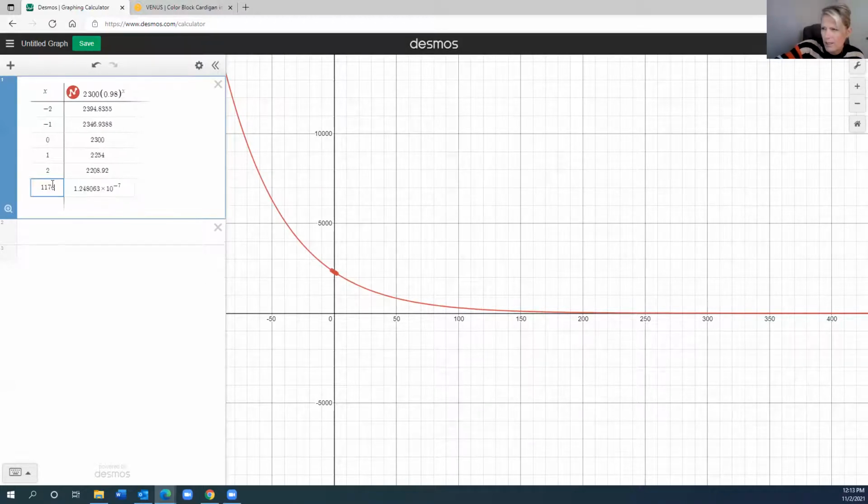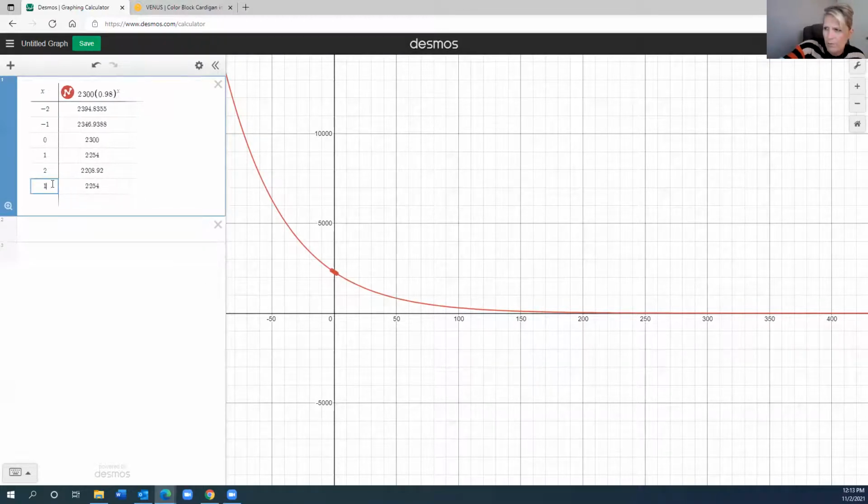So 170 months, closer, 175 months, 180 months. So 180 months is 15 years. Just over that, 185 months, 187 months. Oh my gosh.